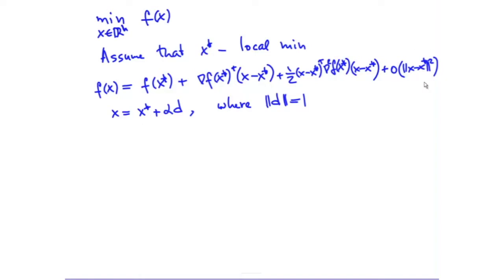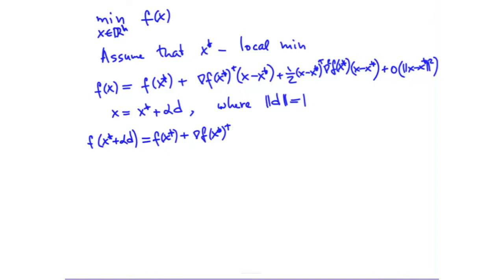Now, if we replace x with x star plus alpha d in this expression here, we'll obtain f of x star plus alpha d is equal to f of x star plus the gradient of f in x star transposed times x minus x star. And then we need to replace x with x star plus alpha d, right?